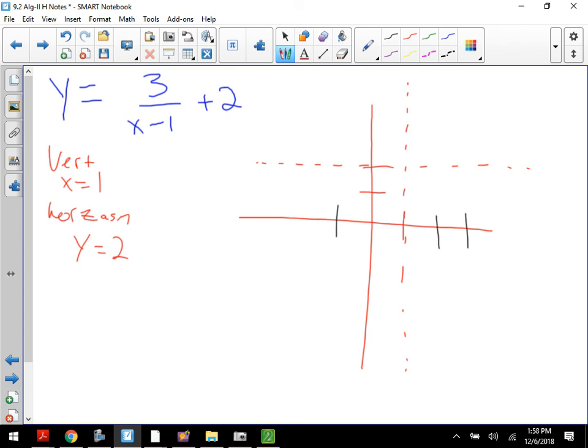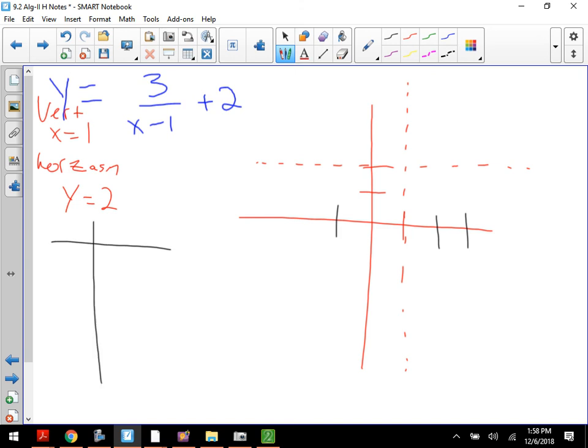my 2 points, 2 points on both sides: -1 and 0, 2 and 3. Can I do 0? I can't use the 0 now. So if I use -1, -1 minus 1, 3 over -2 is -3 over 2.